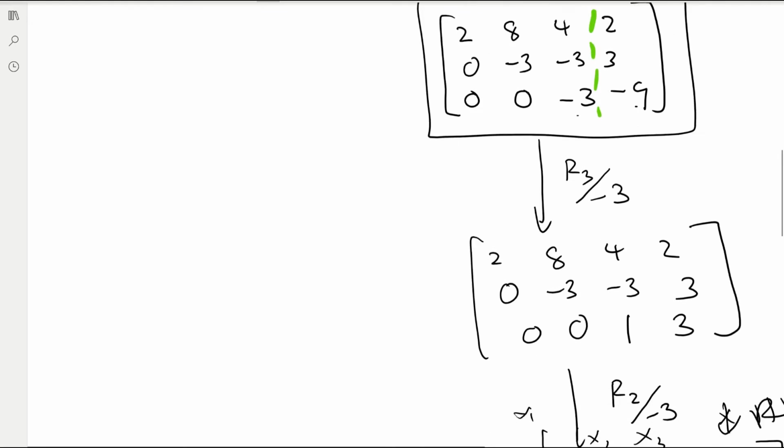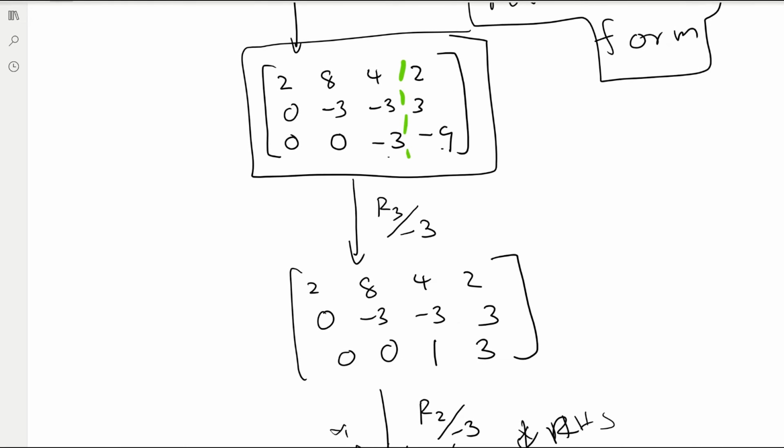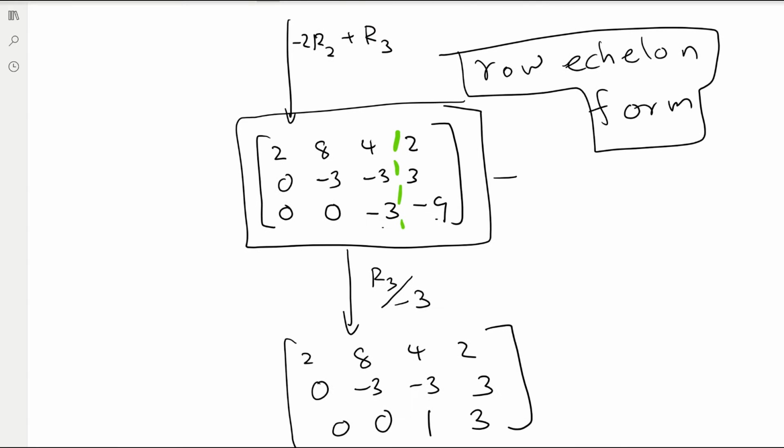And then we were able to accomplish it through row operations. So we said this form is called the row echelon form. So if you want to solve a system of equations through row operations, what you want to do is convert the augmented matrix of the original system of equations into the row echelon form.